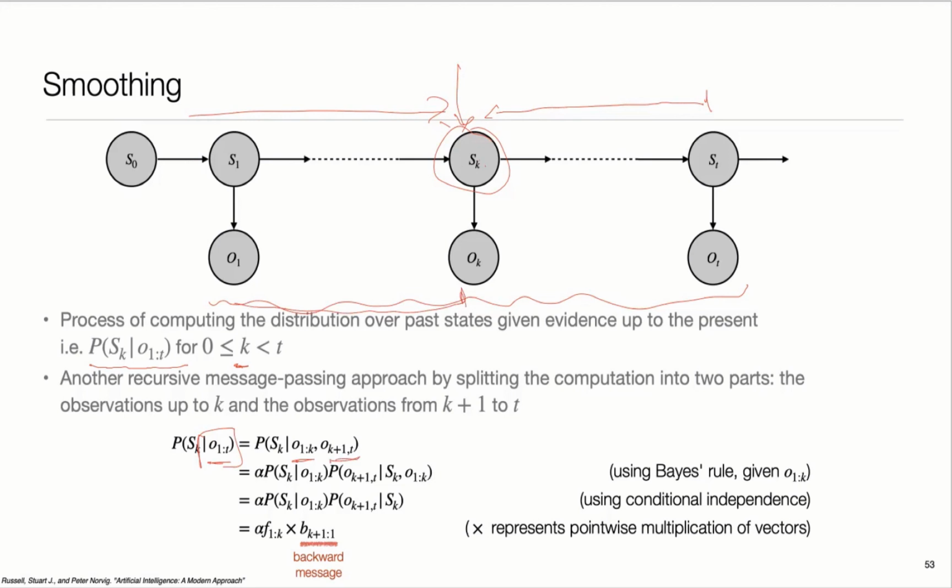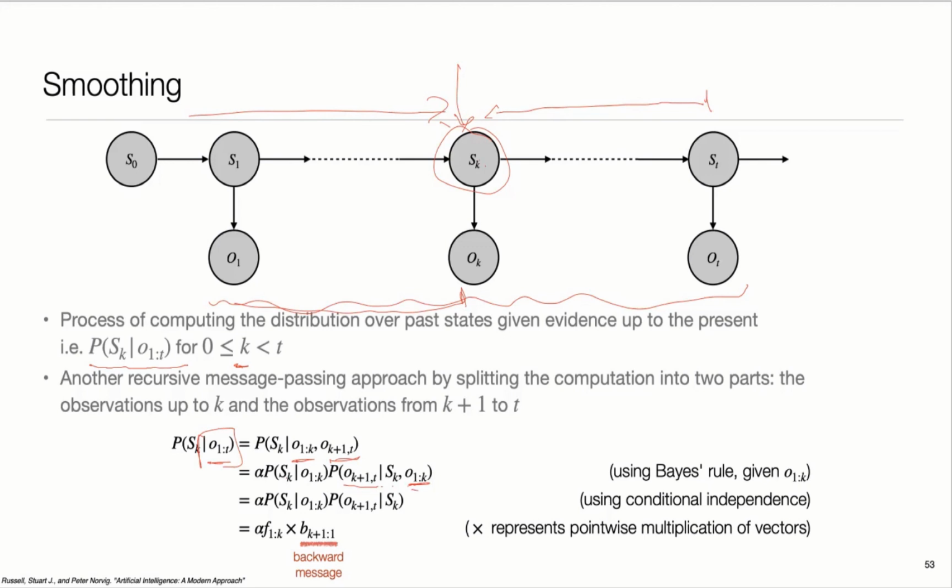Then using Bayes' rule, I can say that probability of Sk given those two chunks is probability of Sk given the past, times probability of future observations given Sk and the observations from the past.